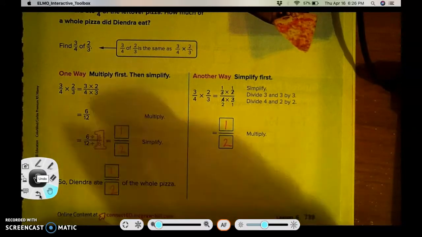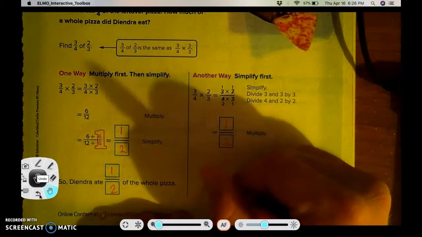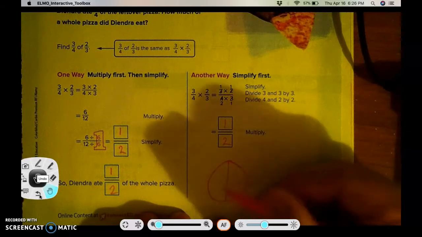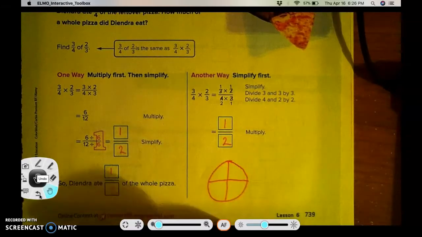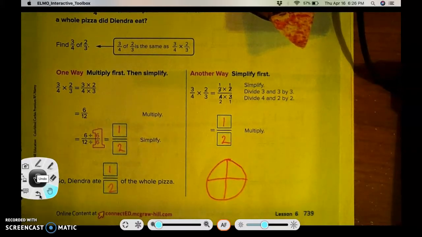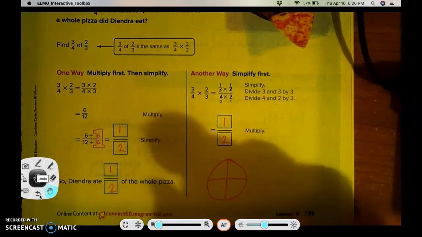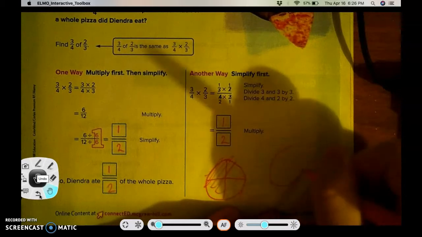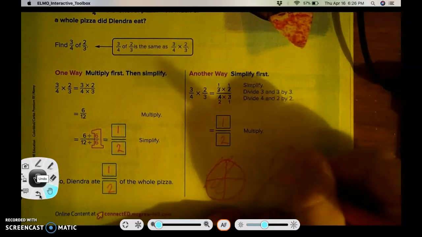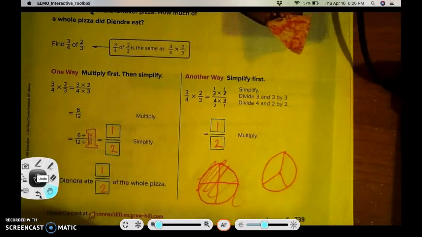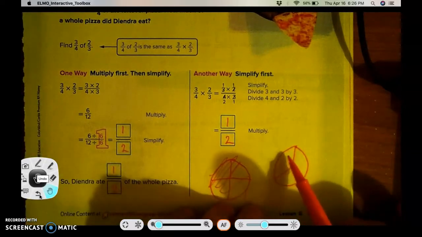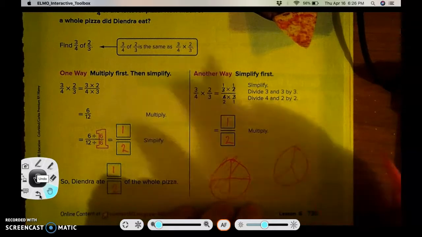Maybe we can draw a picture of it. Here's a pizza. Beautiful pizza. Oops, already goofed it up. Okay, here's a pizza. Franco ate 1/3 of it. Sorry, 2/3 was left.